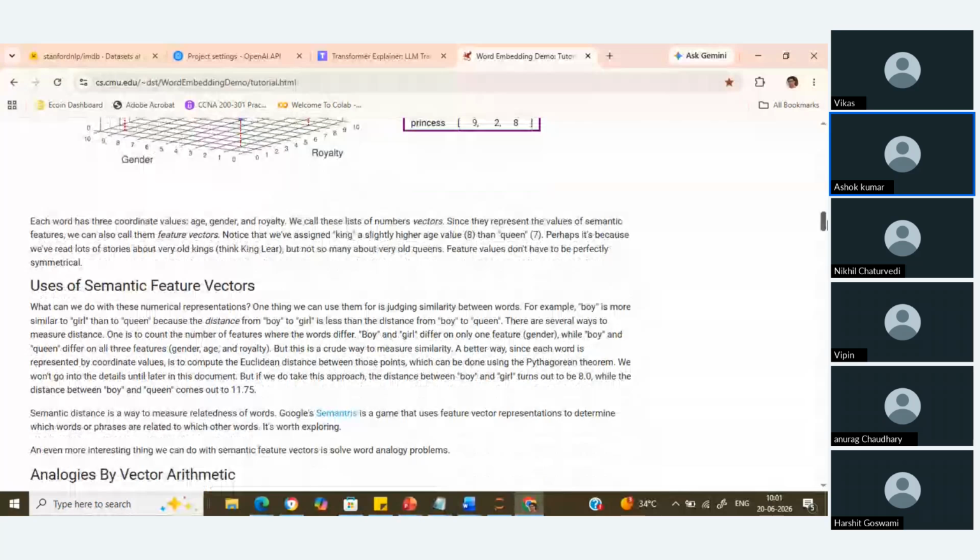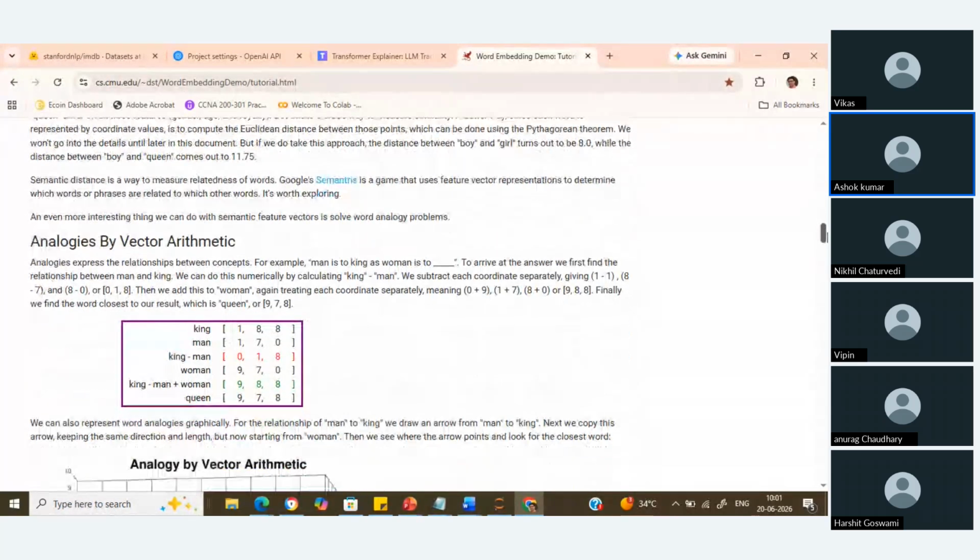Now say I'm having the values of king and the values of man, so king minus man is what? King minus man, and then plus woman equals queen.